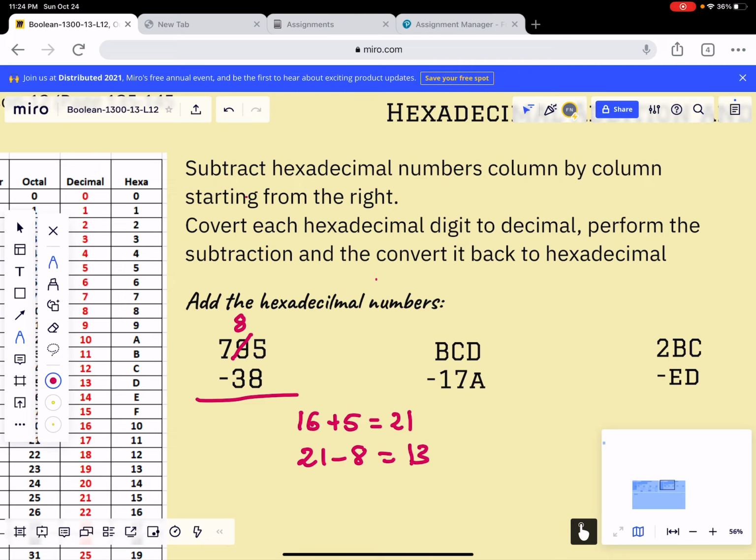So you write out 13. And 13 you convert back to the hexa, so that's letter D. 13 is letter D. So hexa letter D. Do it again.